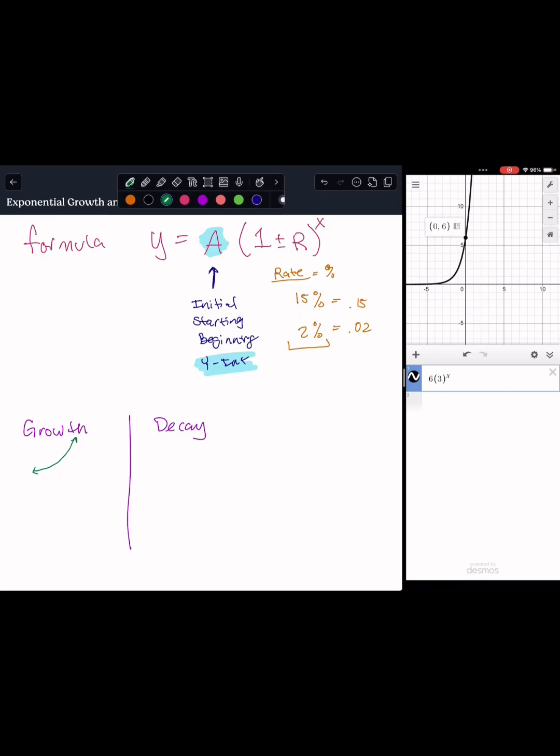If you look at the decimal graph, decay is always decreasing like that. You're always going to have a growth if the number right here is bigger than 1. You will always have a decay if this number right here is smaller than 1. I forgot to put the X over here.